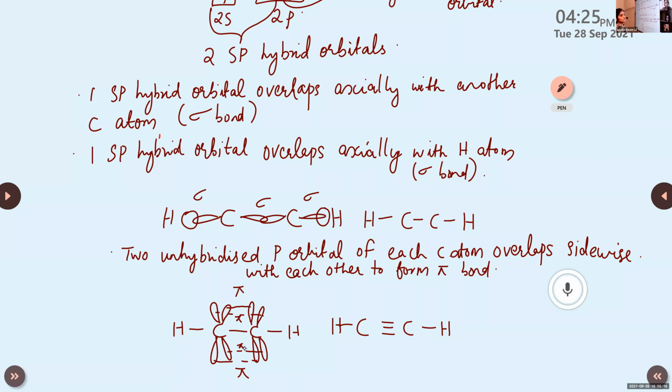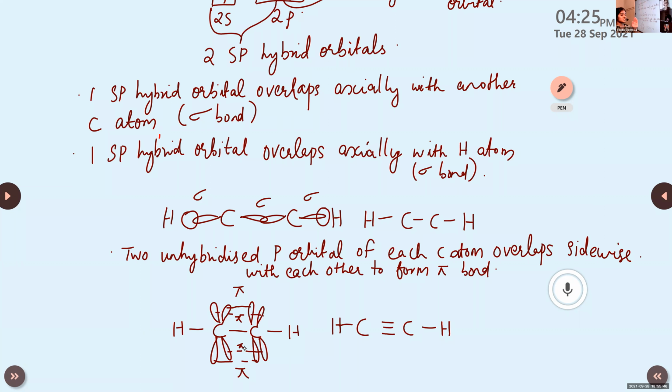Clear? So these are the three types of hybridization in organic compounds: ethane, ethene, and ethyne molecules. In a single bond, it is always sp3 hybridization. In a double bond, it is sp2 hybridization. And in a triple bond, it is sp hybridization. Clear? The pi bond is always formed due to the unhybridized p orbitals in the central atom.